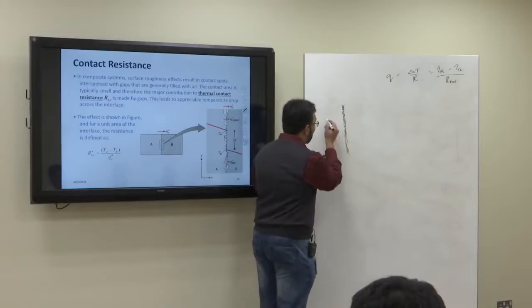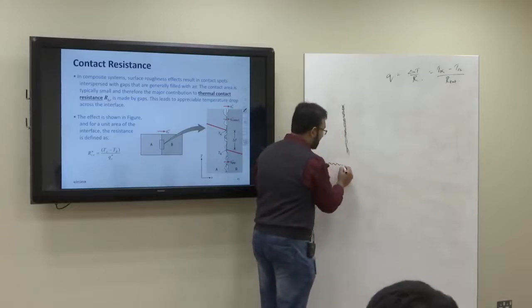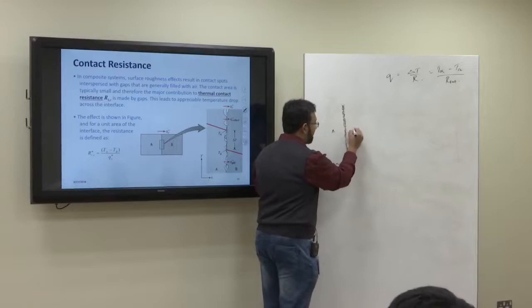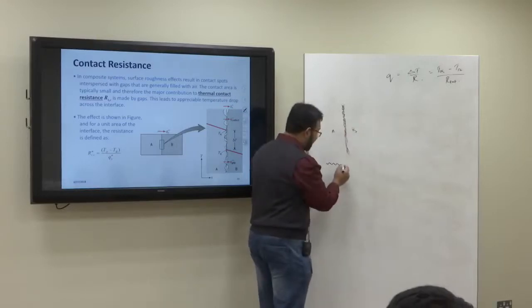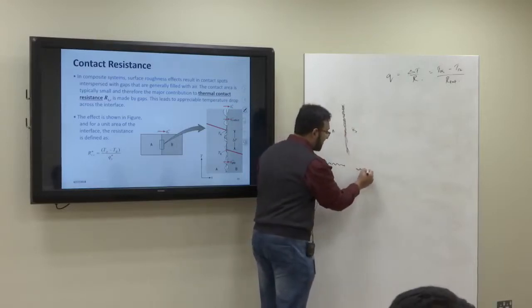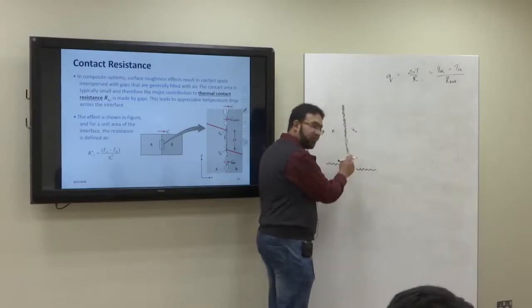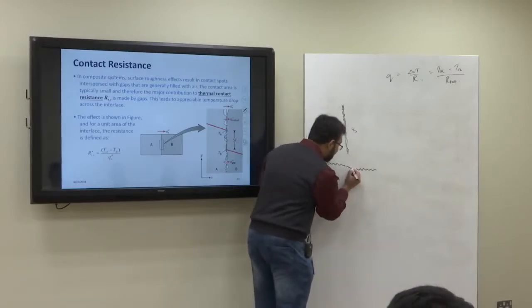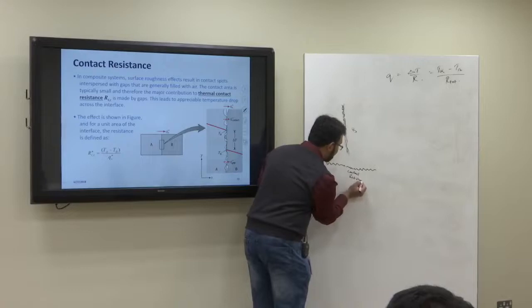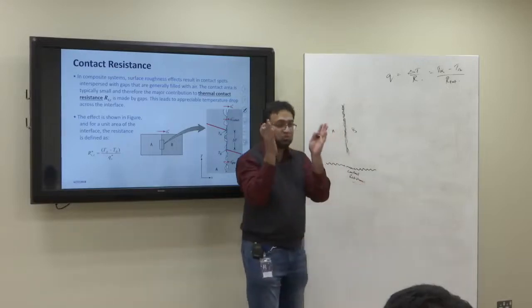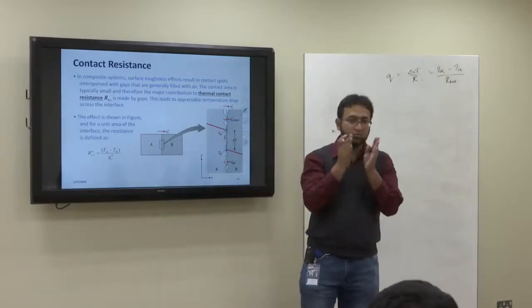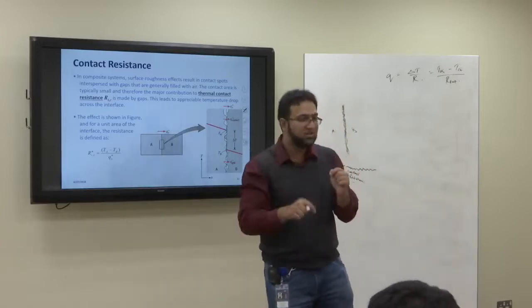Suppose we have one material A here, one material B here. So we have a conductive resistance here, then another conductive resistance here, but in between, where the contact occurs, you also have another resistance, which is the contact resistance. Because the two walls are in contact, and in between there could be air, maybe you put a filler material.